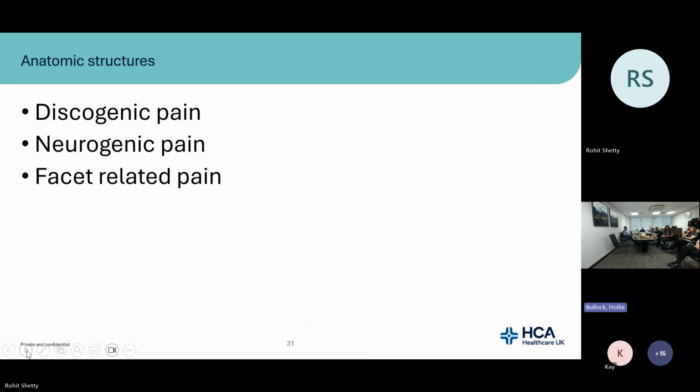The second is neurogenic pain, which is very clear because it's pain going down the leg. And the third is facet-related pain. So predominantly, you stand up, you arch backwards, ouch, it hurts. Of course, there will be an overlap in patients between the 3, but I think it just helps you, that's the history, that's the clinical examination.